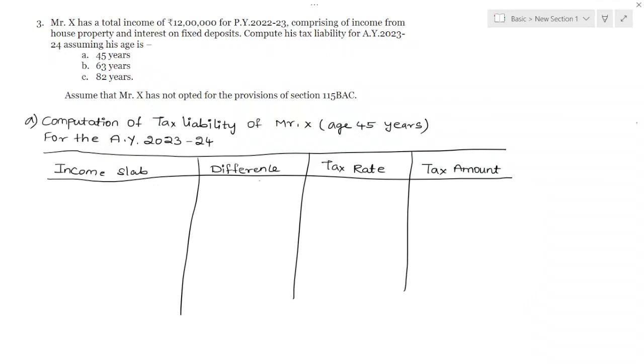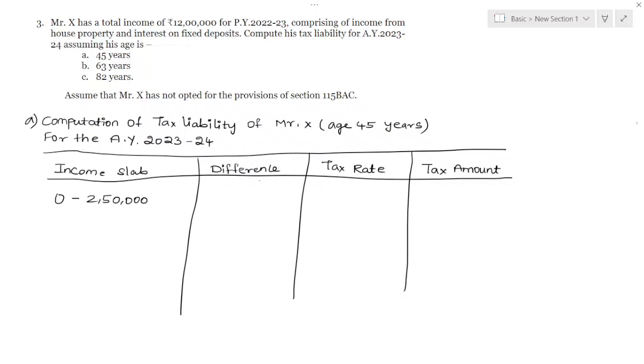Okay. Now, because it is clear, let's write down. In income slab, 12 lakhs is your income. So up to 12 lakhs we have to go. Beyond that we need not. So income slab will write 0 to 2,50,000. So from income 0 rupees to 2,50,000 income.